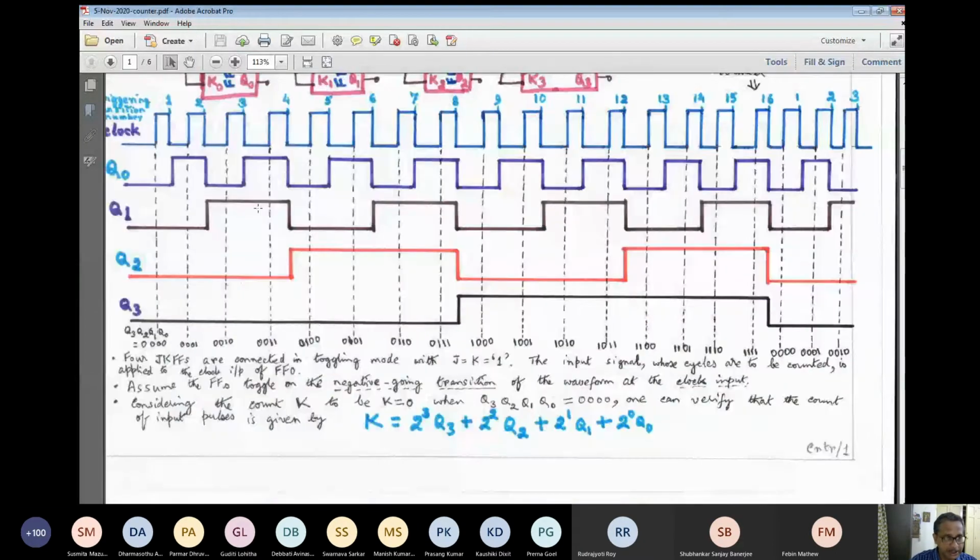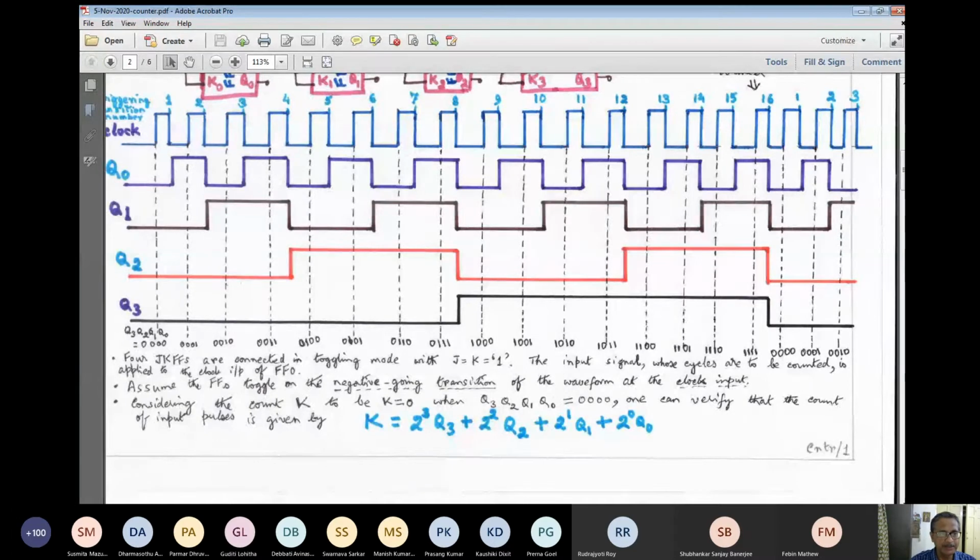If you have to generate all possible states, then the minimum difference from this active edge to this active edge, the time period, must be equal to or exceed the sum of the propagation delays of the individual flip-flops.